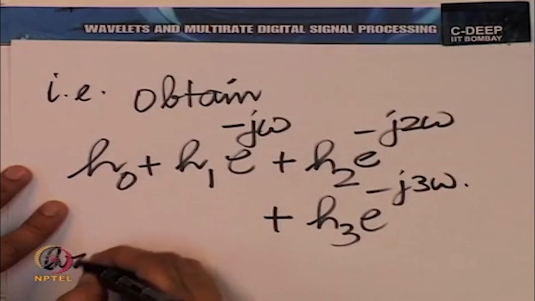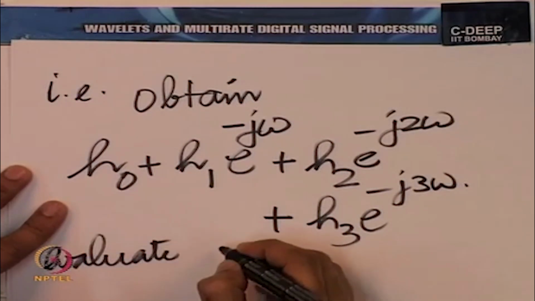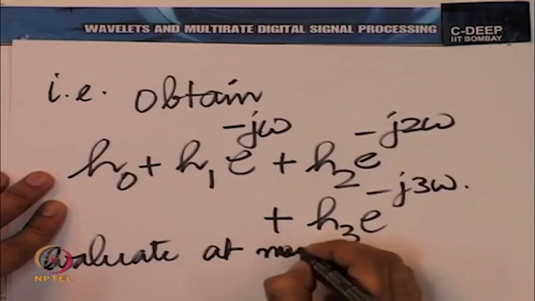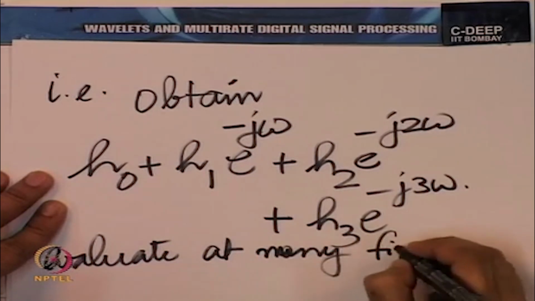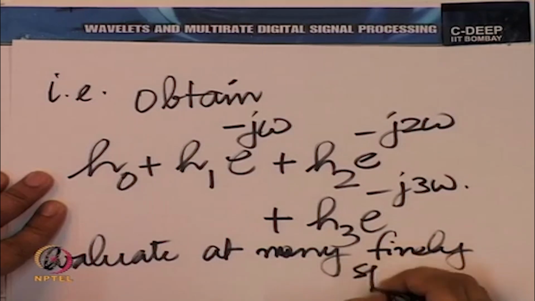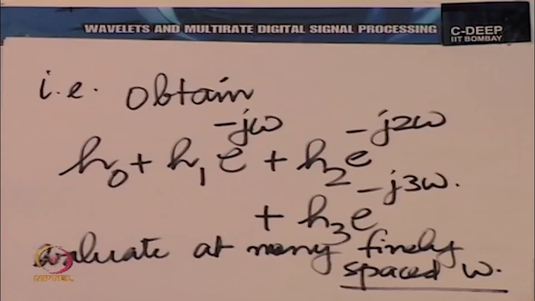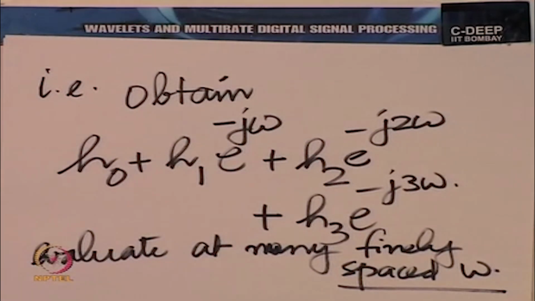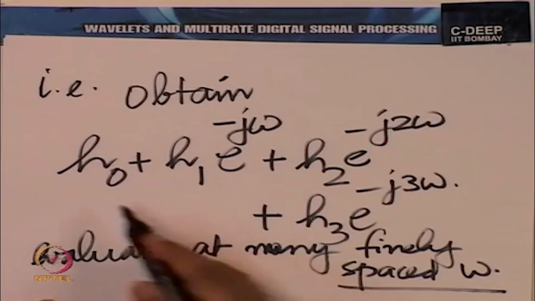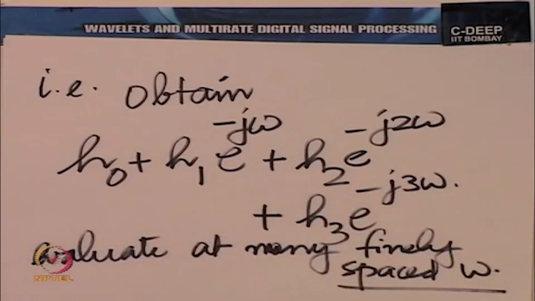Evaluate at many finely spaced omega. So, maybe between 0 and pi, one could take 1000 points and evaluate this expression to get a feel of the frequency response.